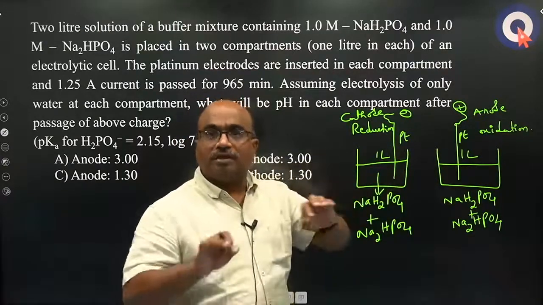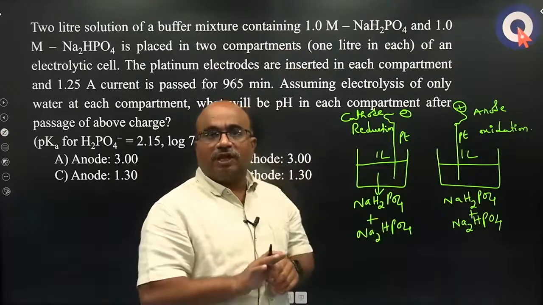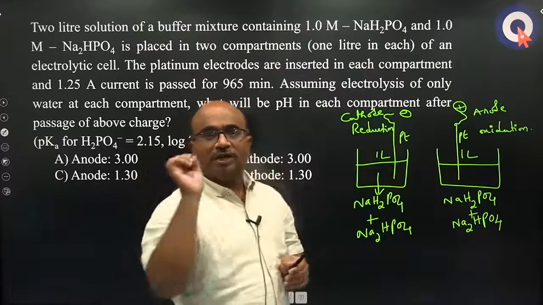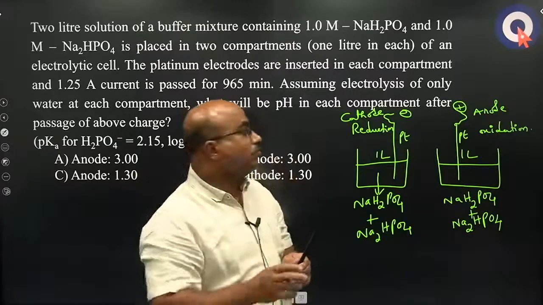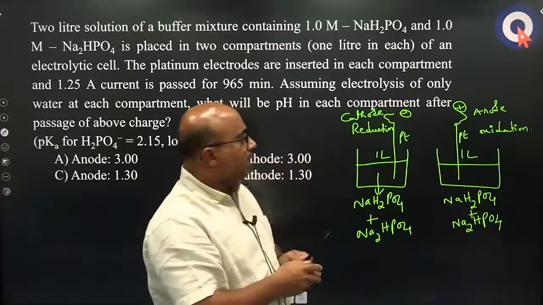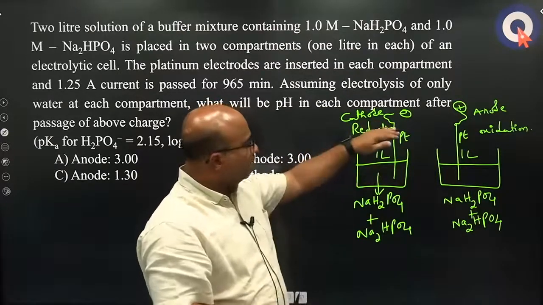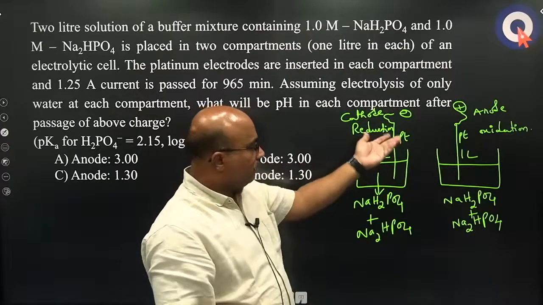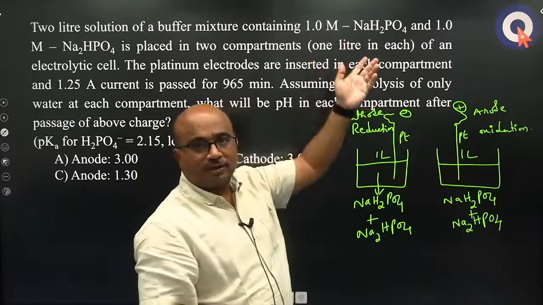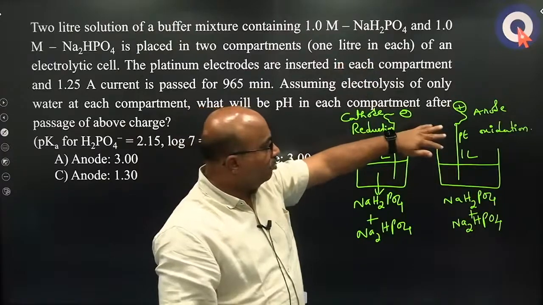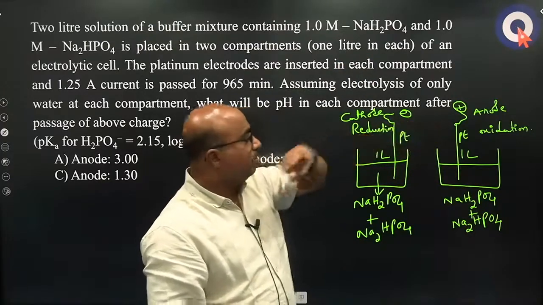So conventionally we say the anode is on the left side, the cathode is on the right side. So in an electrolytic cell, this anode becomes a cathode when it is connected to an external plate. So the cathode becomes the anode.